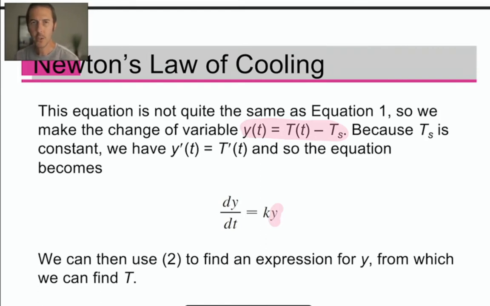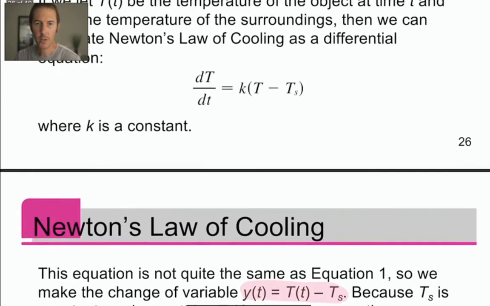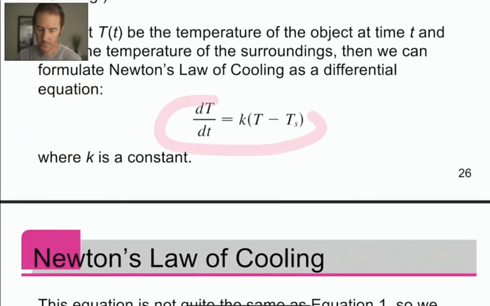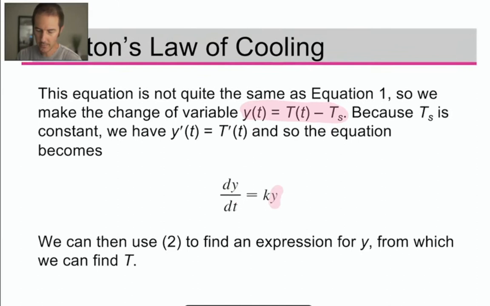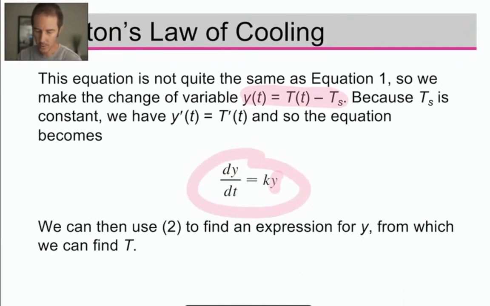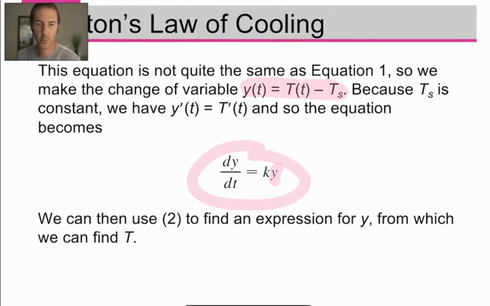That y value is going to represent the difference between the current temperature of our object and the ambient temperature. If we frame it up that way, then we can write this equation as this equation so that it fits the correct format and we can model using an exponential equation.